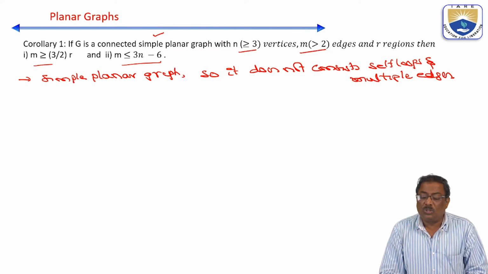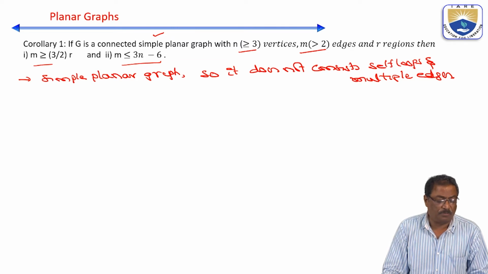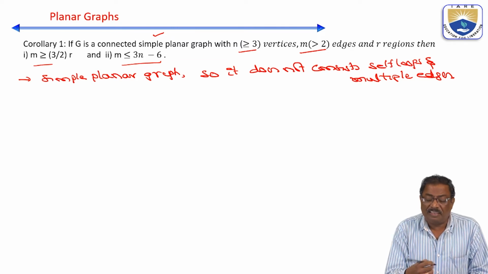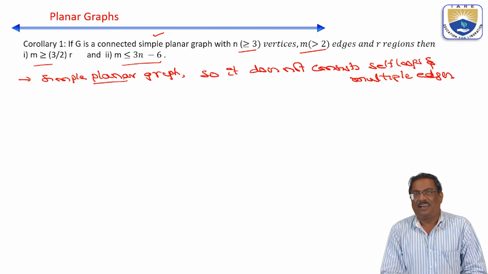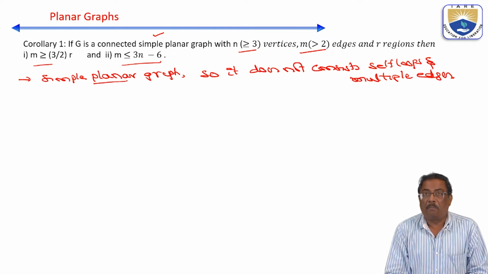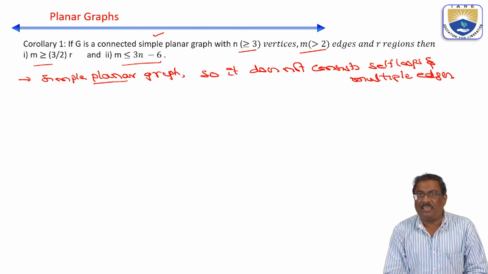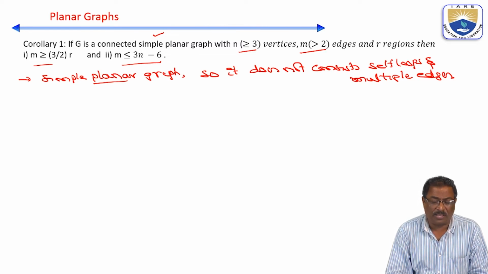That means no loops and no multiple edges are going to be there. Now it is given a planar graph, so it has some regions. Each region is bounded by 3 edges or more than 3 edges.